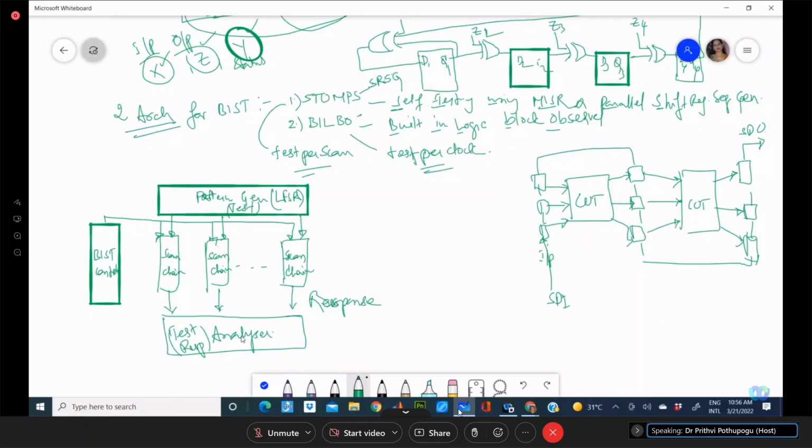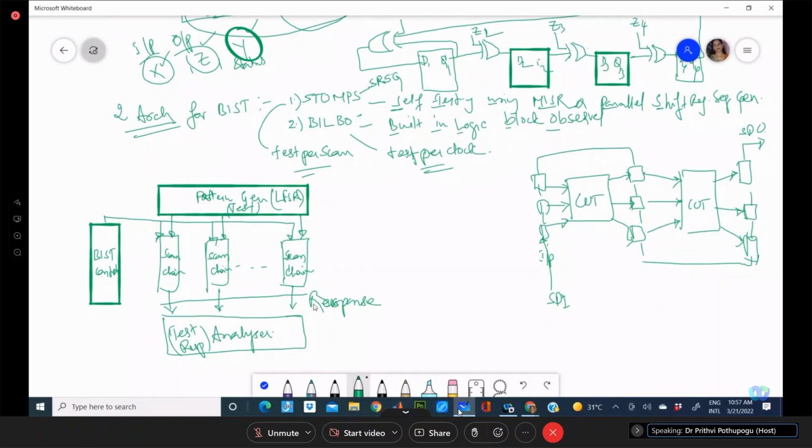And now after getting the response, you shift the output, the response from the scan chain. You gather the response and analyze what response this circuit is giving you. Is it as per the fault-free circuit response or is there any deviation?